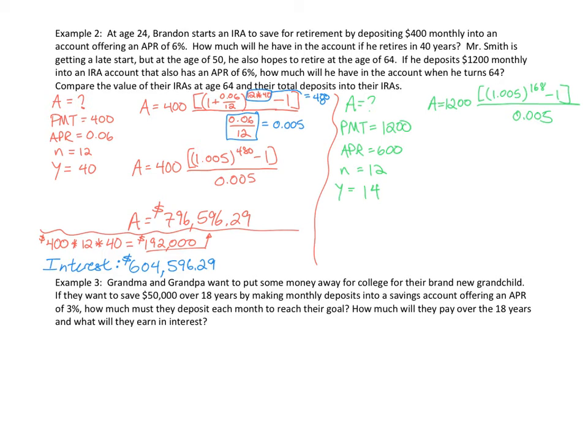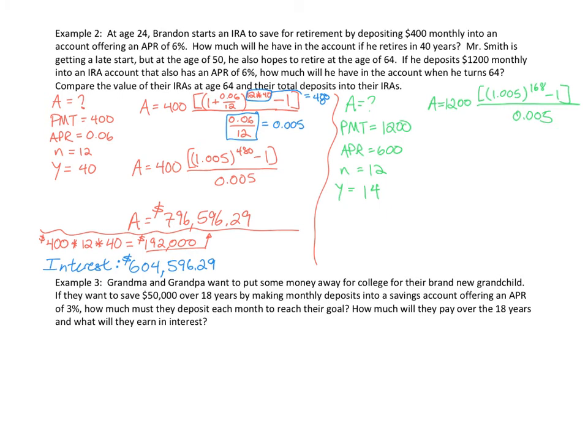I was able to use 0.005 because we knew that Mr. Smith was earning the same APR and making monthly deposits. So this fraction would have been the same for Mr. Smith over here. So I just borrowed this information from Brandon to do this question.